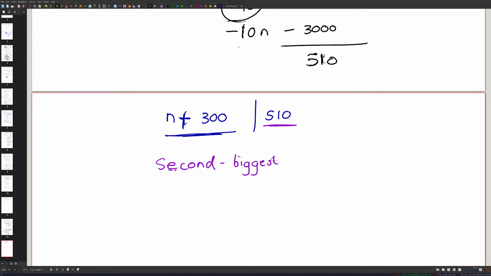And so if it's possible for it to be 510, it has to be 510. So the second biggest factor of 510 is 510 over 2, which is 255.